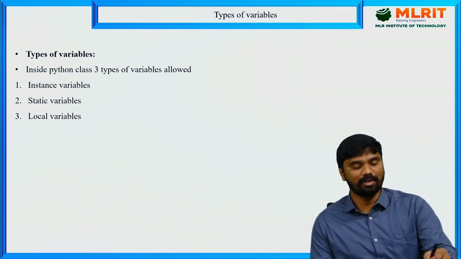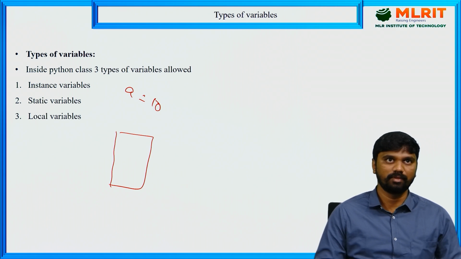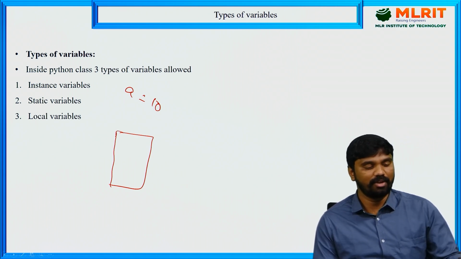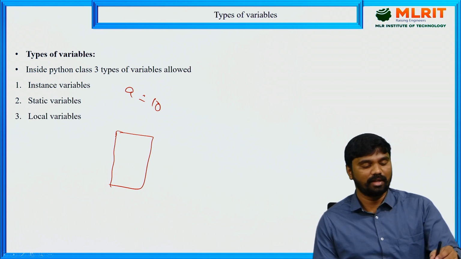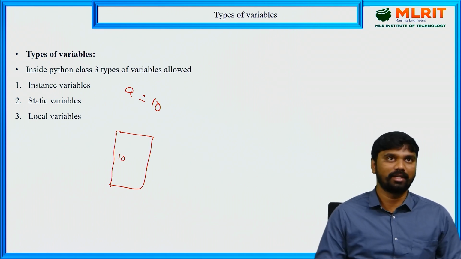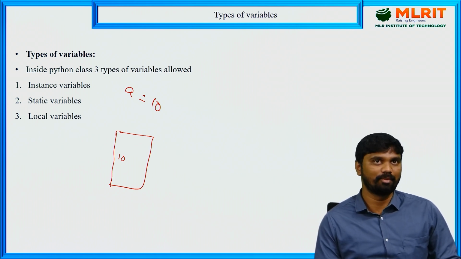A variable represents a memory address. For example, a equals 10. Whenever we write a equals 10, the value 10 is stored somewhere. I don't know the address, but somewhere the value 10 is stored in memory.